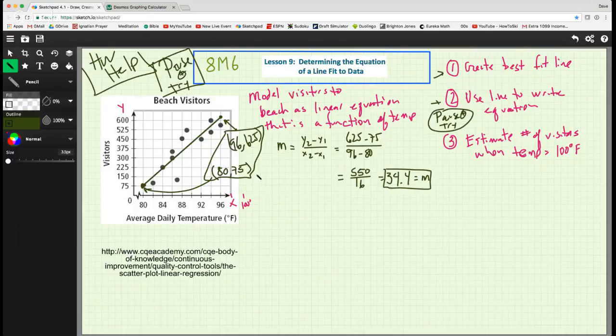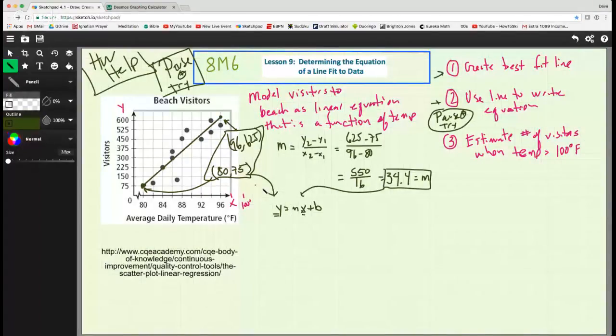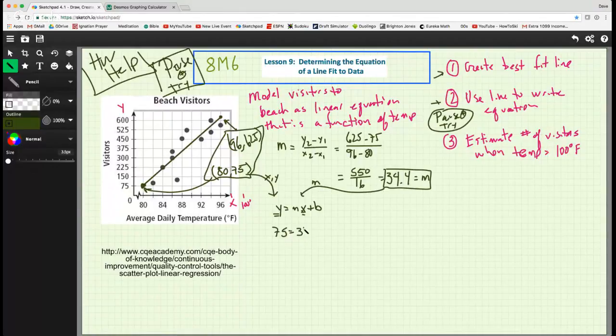Now I'm going to use this point down here to find our B. So we're going to plug this guy and this guy into y equals mx plus b to find B. Because we have our y and our x from this equation, and we have our m from this equation. So our y here is 75. Our m is 34.4. Our x is 80, plus b.